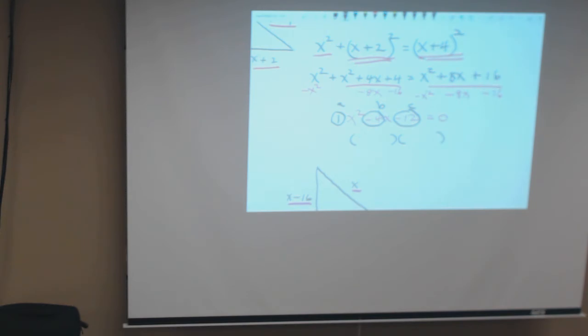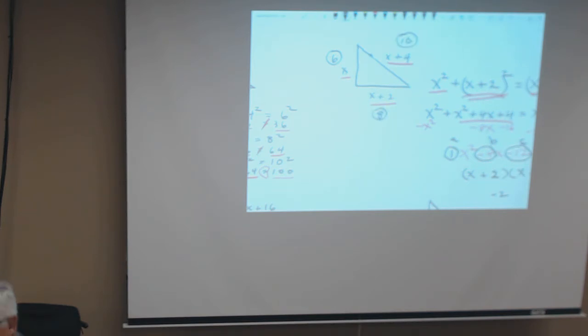Here's x and x, and here's 6 and 2, and it's negative 6 and positive 2. So the answer is either negative 2 or 6. I can't have the side of a triangle being negative 2, so it has to be 6. If that's 6, then that's 8, and that's 10.